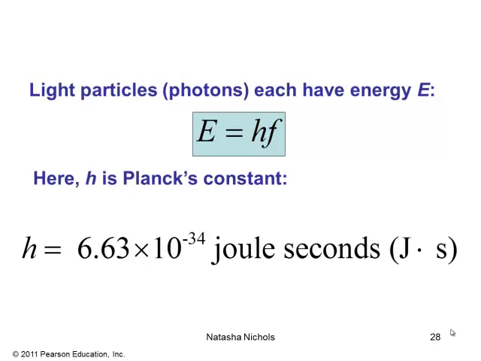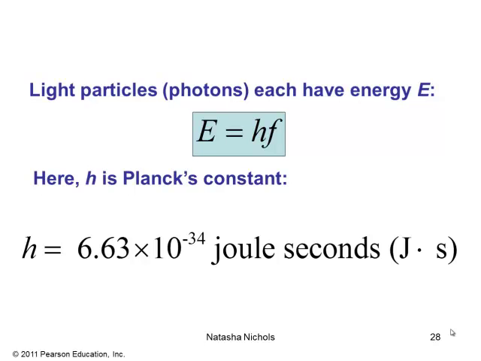Whether they're jumping to a higher orbit or a lower orbit, when they do that, they either release or absorb energy in the form of light, which is what we see as the emission and absorption spectrum. And Planck was able to figure out what that energy is equal to. And that energy is equal to h, which is a constant, we call that Planck's constant, times frequency.